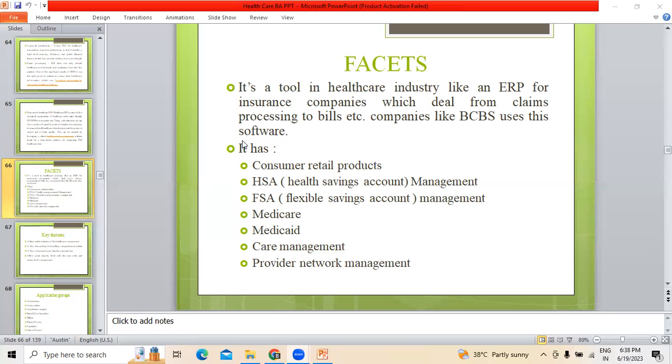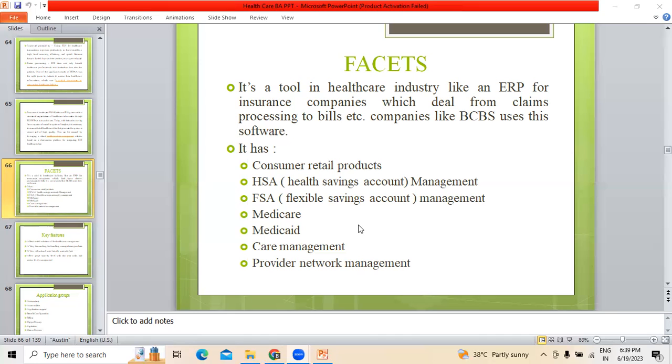So there are three different differentiations we can see. Different codes and different forms will be presented by the providers to the insurance companies, and this facets application streamlines all that. That is generally the major advantage of facets.